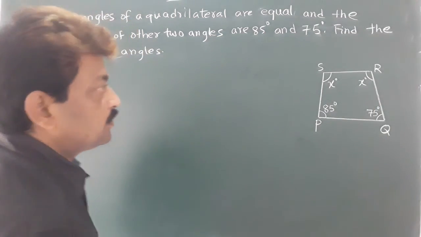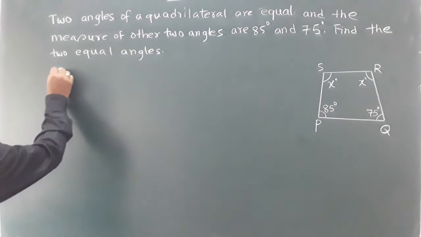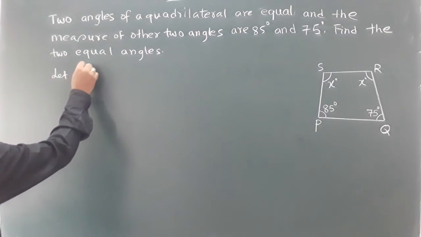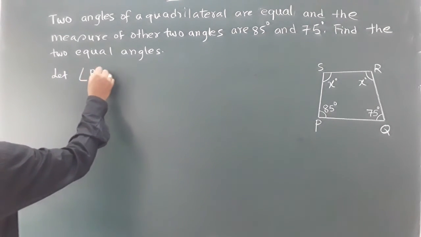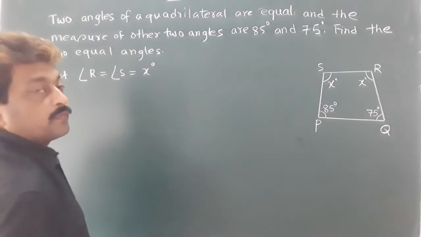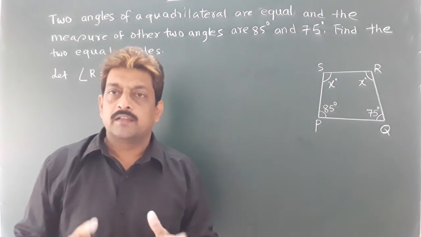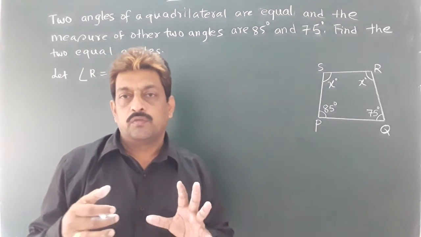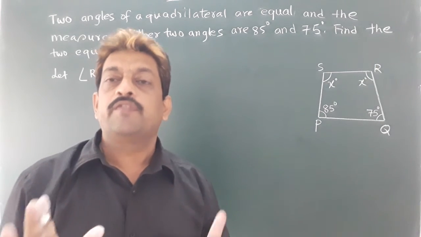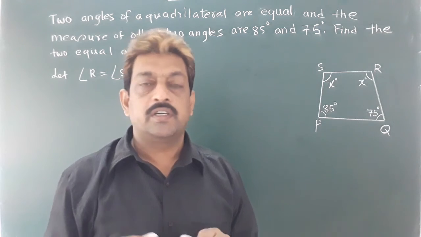Since they are equal, both are taken as X degrees. Now let angle R equal angle S equal X degrees. Okay. So here also I am going to apply the angle sum property of a quadrilateral, where we know that the sum of all angles measures 360 degrees.